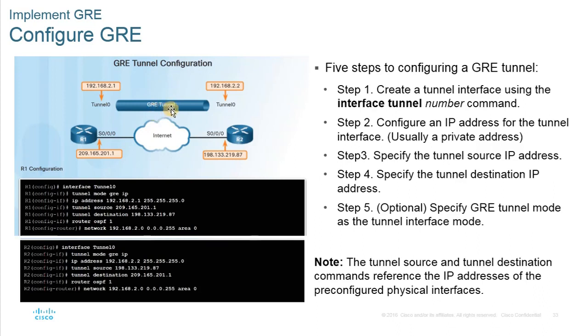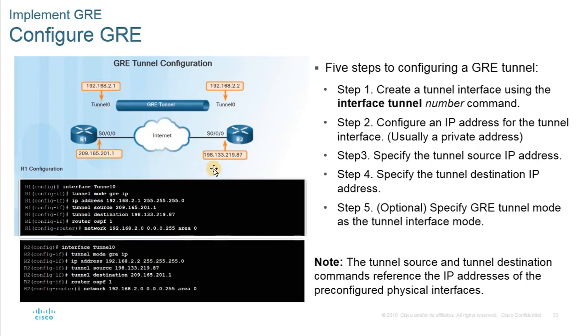Let us analyze the mapping of IP addresses. For R1, serial 0/0/0 has 209.165.201.1, the assigned IP address for this interface. Then tunnel 0 facing R2 is 192.168.2.1.